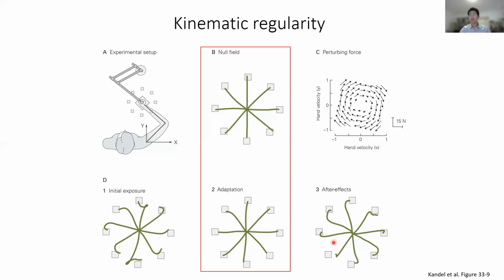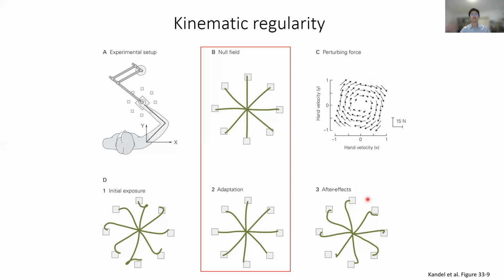In the experiment, after adaptation, when the experimenter suddenly turned off the perturbation force, the subjects didn't know that. So we see what is called an after effect. The subject is actually moving in the opposite direction to the force that was applied.